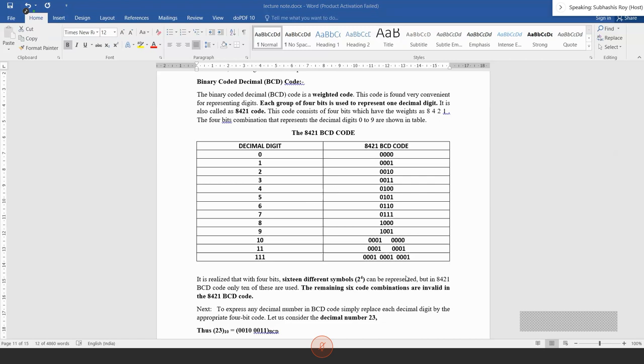But this BCD code has another advantage: it can be used very efficiently for addition of decimal numbers using your computer. BCD code is basically used for decimal addition. When you are adding two numbers using the binary number system, you have to follow certain rules, which I will show you in the next chapter.